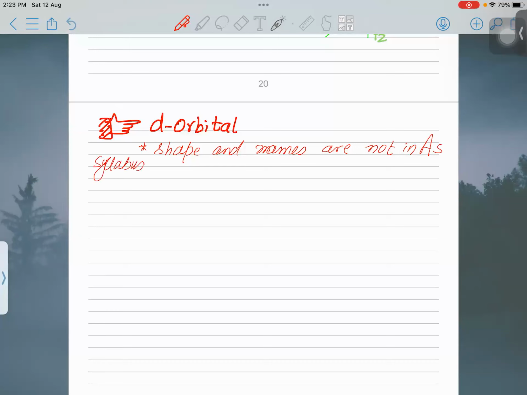You will study the d orbital in A2. Should I explain the shape of the d orbital right now or leave it for A2? I guess you could leave it for A2. Okay, good decision.